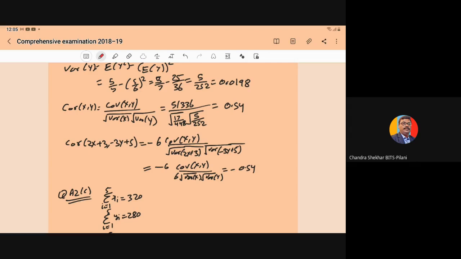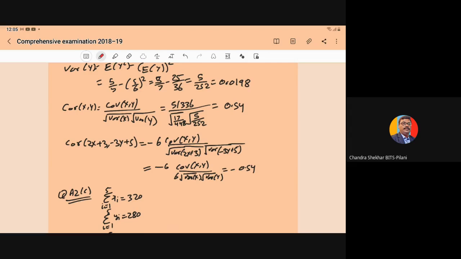So here you just multiply 2 into minus 3, so it will be minus 6 covariance between x and y, right? Always we compute the correlation between the two variables, not for the individual variable. Divide by the positive square root of the variance of 2x plus 3 into square root of the variance of minus 3y plus 5.